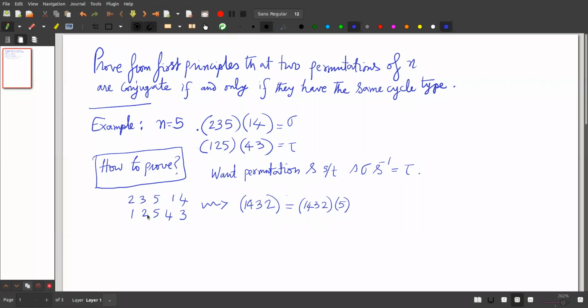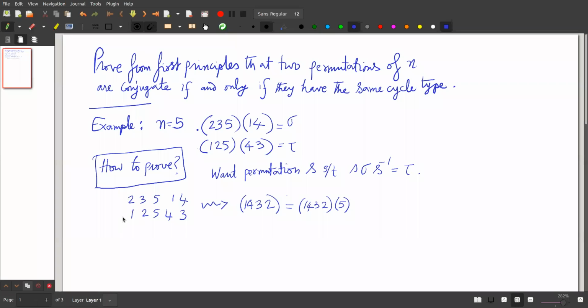Okay. And why do you say that this takes this to this? So, very good. We've already seen two ways of writing a permutation. One is this cycle notation.